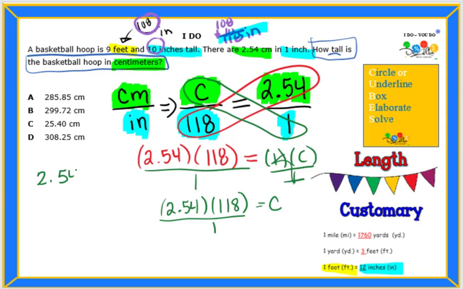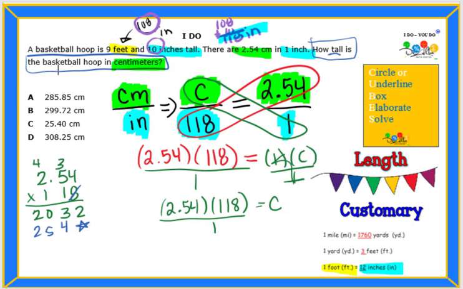2.54 times 118. I start with the 8. 4 times 8 is 32. We carry 3. 5 times 8 is 40, plus 3 more is 43. Carry the 4. 2 times 8 is 16, and 4 more is 20. Now I am done with the 8, so I put a placeholder. Now I'm multiplying by 1. 4 times 1 is 4. 5 times 1 is 5. 2 times 1 is 2.